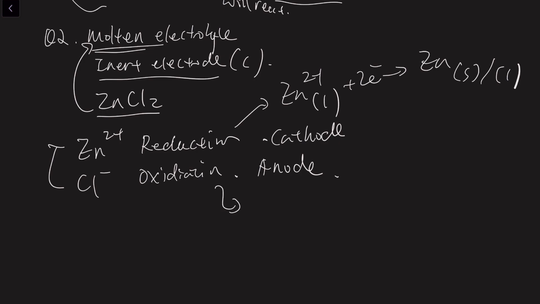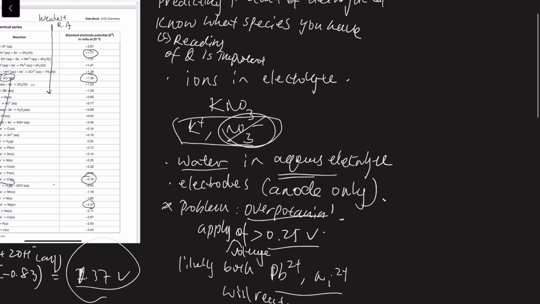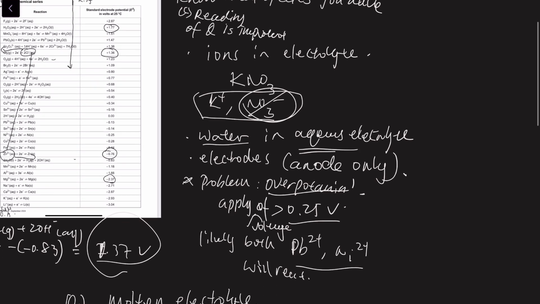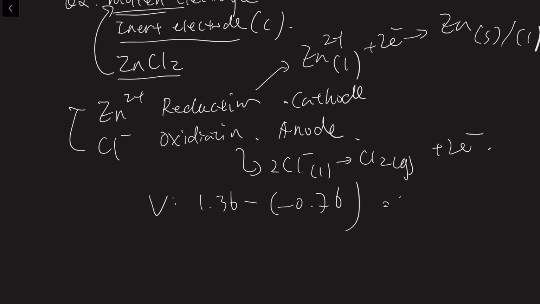And for the chloride ion, we have 2 chloride ions going to chlorine gas plus 2 electrons. And the voltage required is 1.36 minus negative 0.76, which is 2.12 volts.